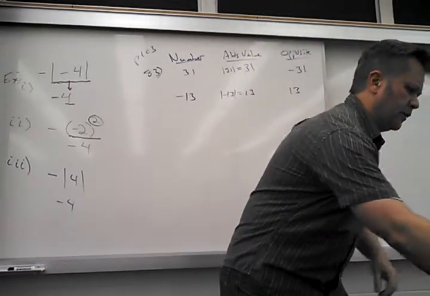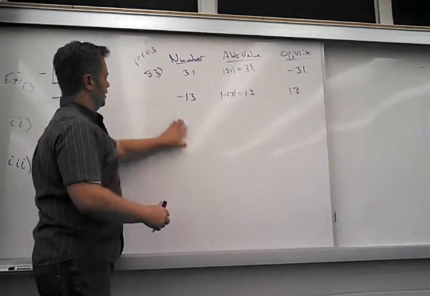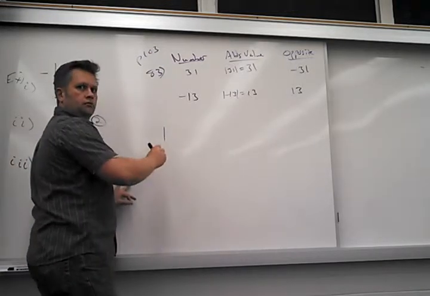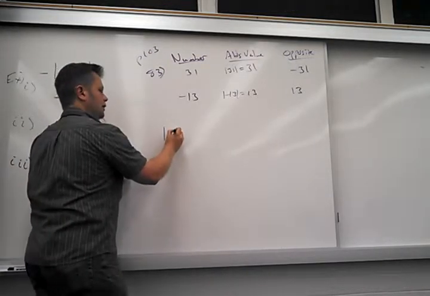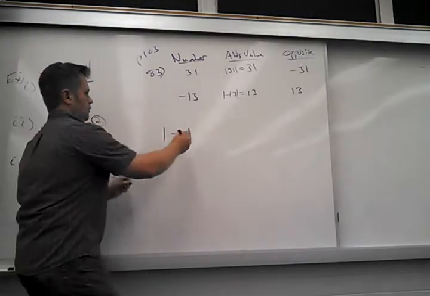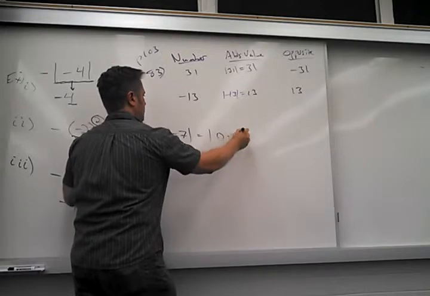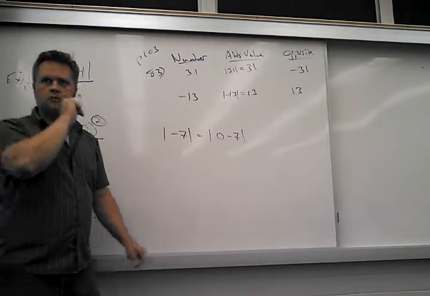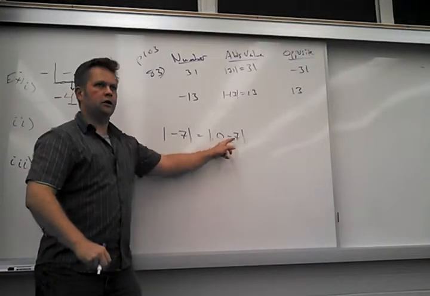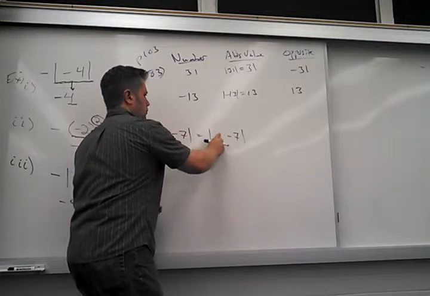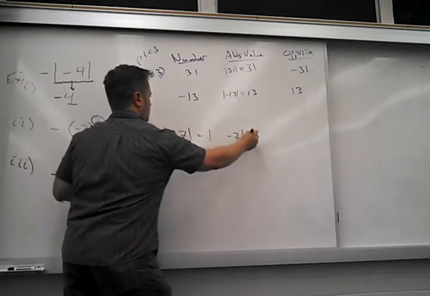I don't know if you guys remember, but when I have just a single number in there, I don't want to overcomplicate this, but isn't that the same thing as this? It's like an understood 0 in front. So this is like saying how far apart are 0 and negative 7. Of course that's going to be 7.